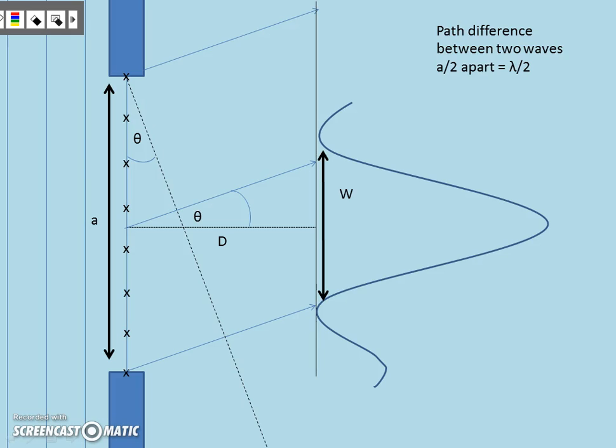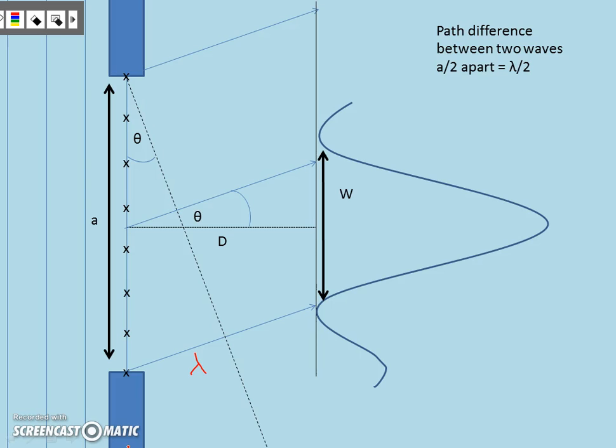So what we can do then is construct a diagram to actually show this. Here we've labelled our slit width, which is A. What we've worked out is that the difference between the wave at the end here and the top is one wavelength, so we can label lambda here.